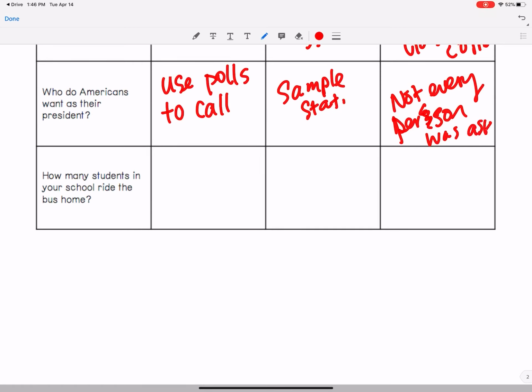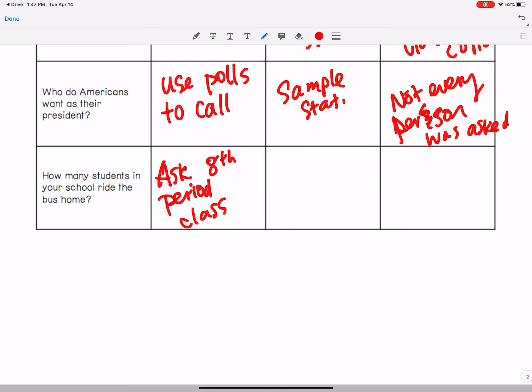Okay, next question. How many students in your school ride the bus home? One way you could figure out how many students in your school ride the bus home is you could ask a small portion of students. You could ask the kids in your last period of the day. You could ask your 8th period classmates.